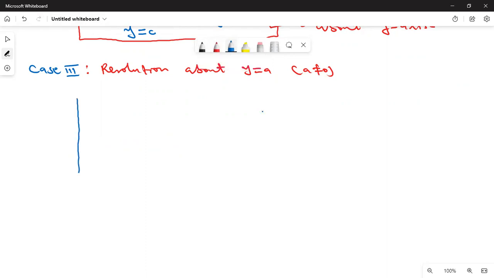Let's say our curve is something like this. We want to rotate about, our axis of rotation is now this point. This is the point a, or the equation y is equals to a.